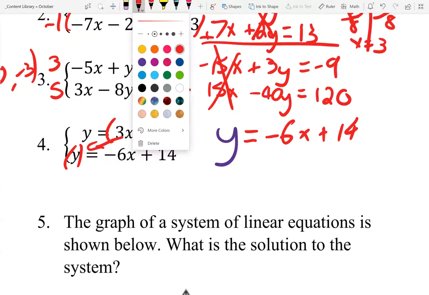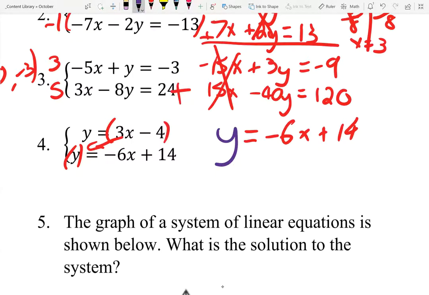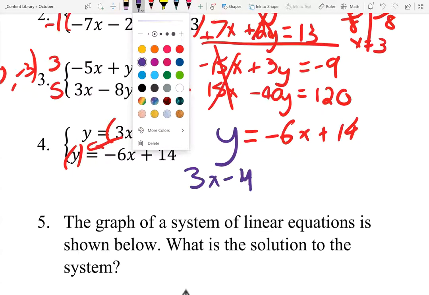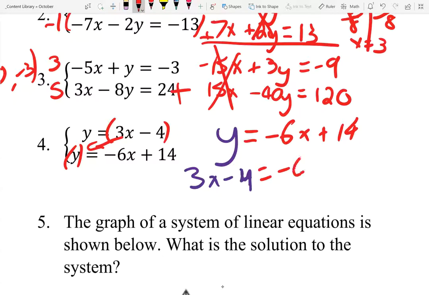So when I do that, I'm going to have 3x minus 4 equal to negative 6x plus 14, right? Y used to be here, but now I've replaced y with 3x minus 4 because I'm just plugging this in to that y. Okay?